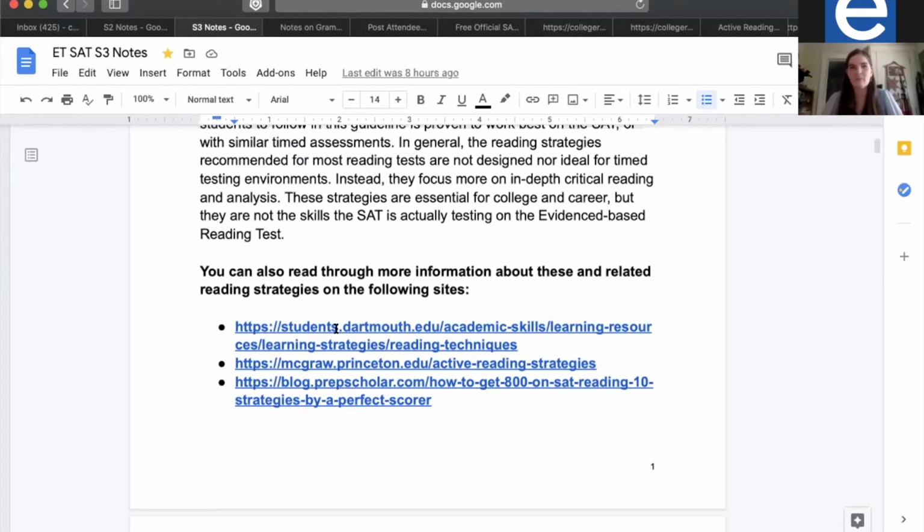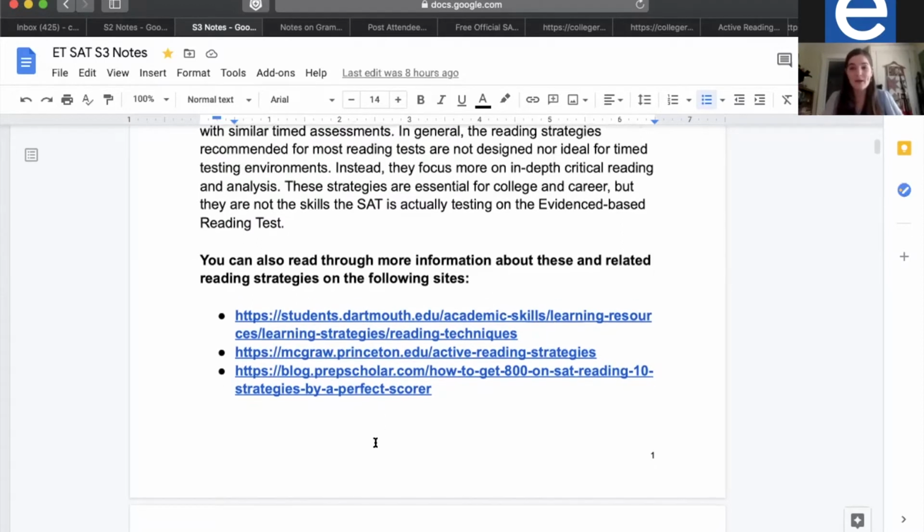That's usually a good strategy, but it's usually part of what you do to prepare yourself as you do a more complex, in-depth reading of a text or passage. In the case of the SAT, you don't really have the luxury of time. You have about 12 minutes to read through each passage, including if it's a paired passage, so you are down to even less time with that.